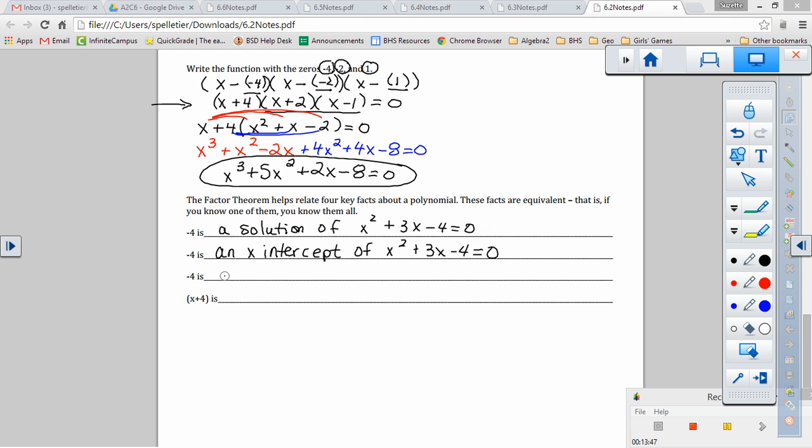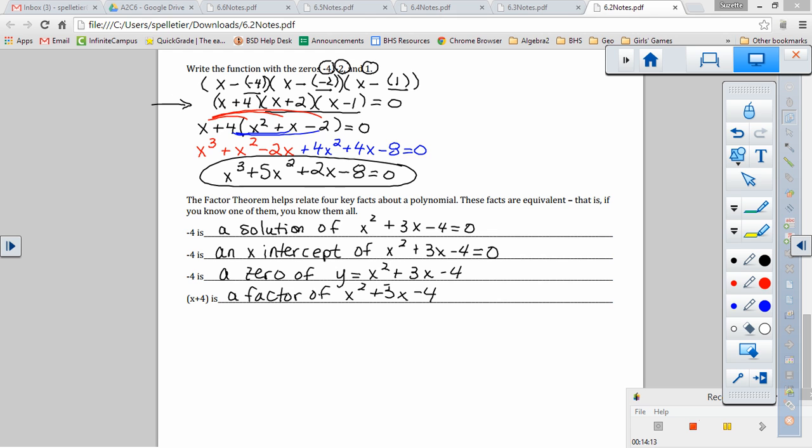Negative 4 is a 0 of the equation y equals x squared plus 3x minus 4. And x plus 4 is a factor of x squared plus 3x minus 4.